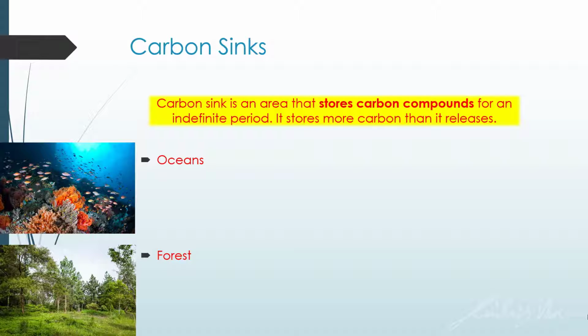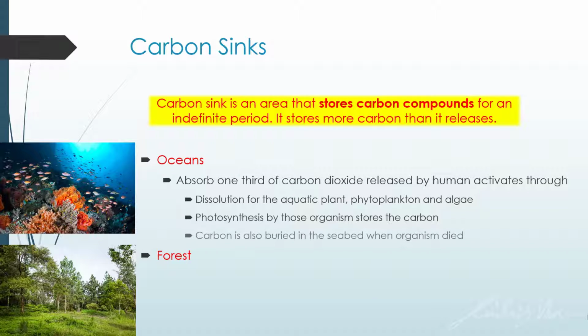The ocean stores a lot of carbon because it absorbs carbon dioxide from the atmosphere, since carbon dioxide can dissolve in water. And after dissolution, aquatic plants can use it for photosynthesis and store it in the form of glucose.